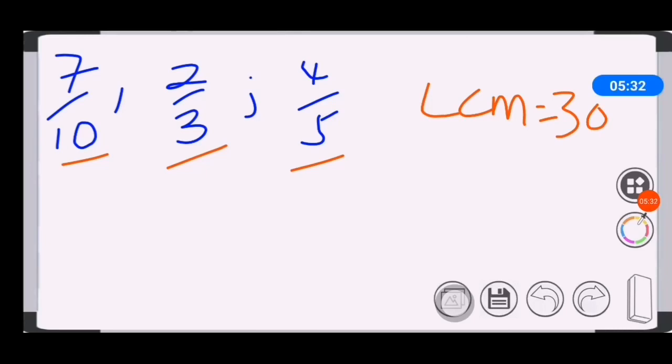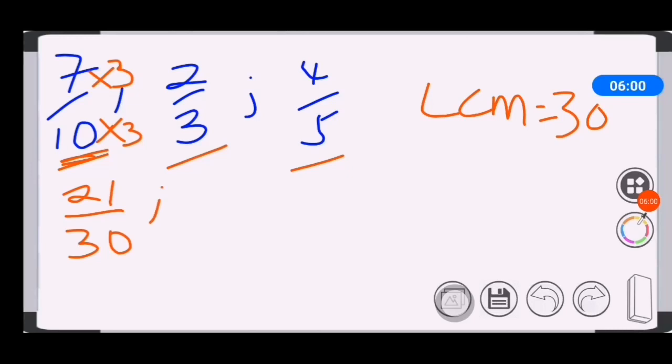It means that we are going to make all our denominators 30. How will you make 10 to be 30? It's times 3. What you do for the denominator down, you do the same thing for the numerator up. So we are going to get 21 over 30 for the first one.